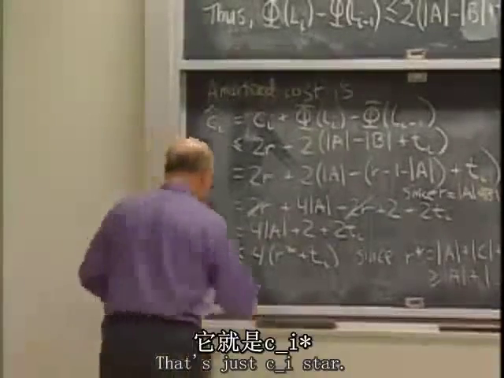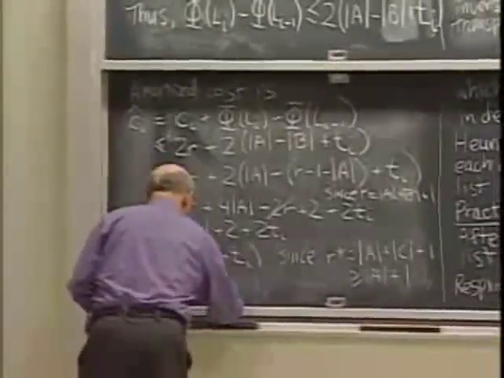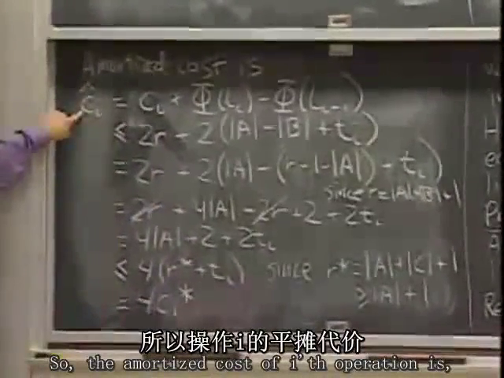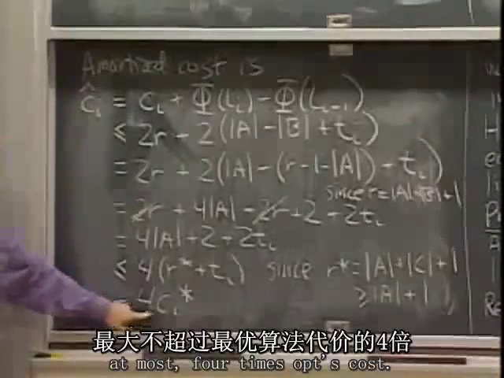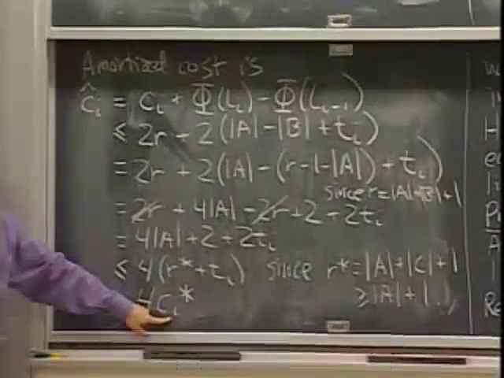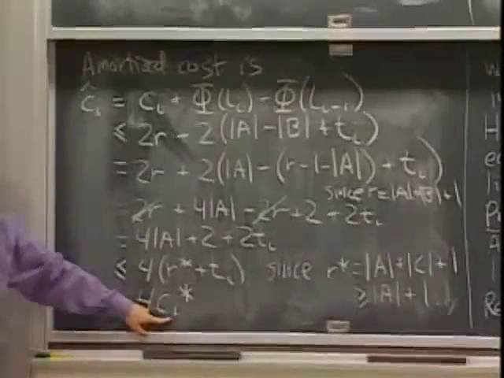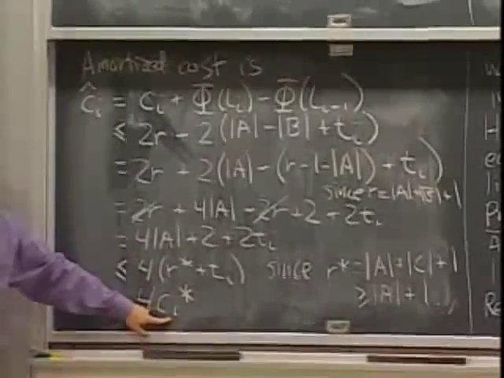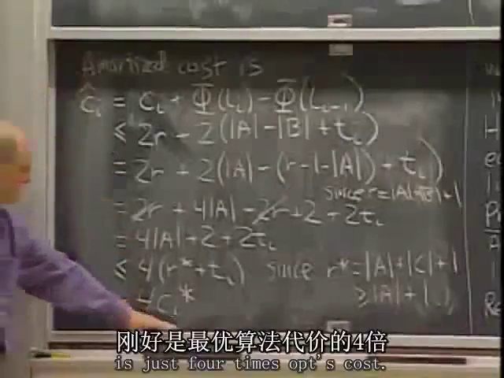That's just Ci star. So the amortized cost of the ith operation is at most 4 times the optimal cost. Okay? That's pretty remarkable. So the amortized cost of the ith operation is just 4 times the optimal cost.